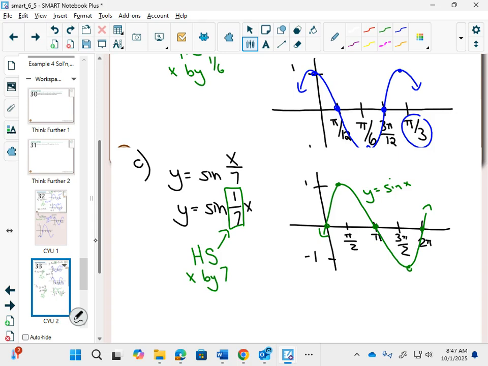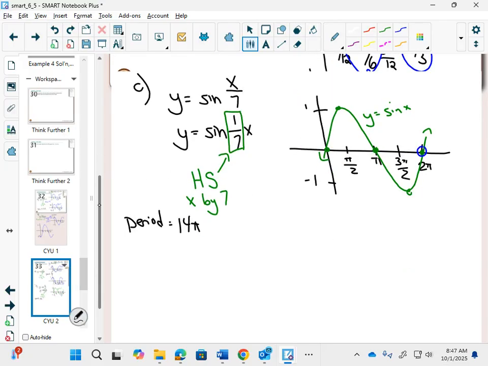That was 2 pi. It's going to get stretched way out. Can you see that your new period, if you multiply by 7, would be 14 pi? Because you're stretching it out by a factor of 7. So if it was 2 pi, this point right here at 2 pi, if you multiplied that by 7, would go to 14 pi.